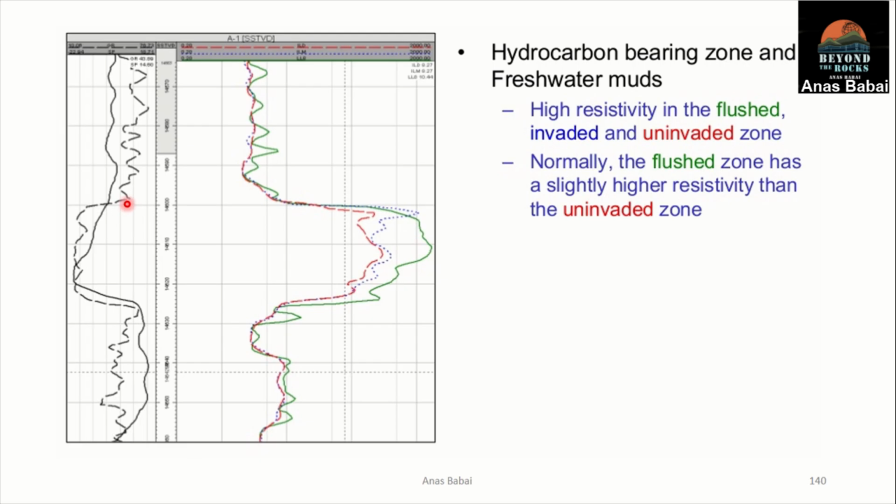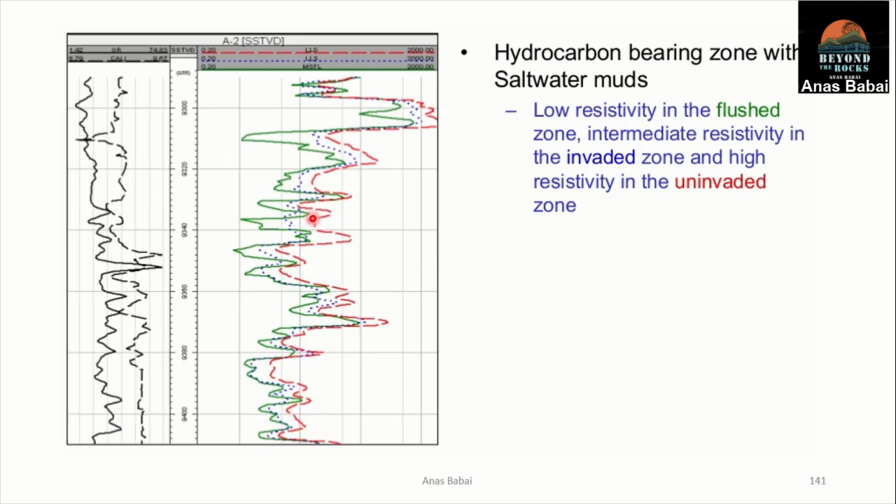It's either sand, or limestone, or carbonate. But we can see from the SP that it's a permeable formation. So that actually coincides with our interpretation in the resistivity tool.